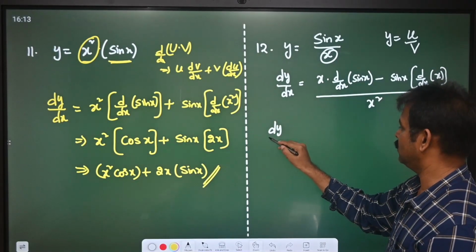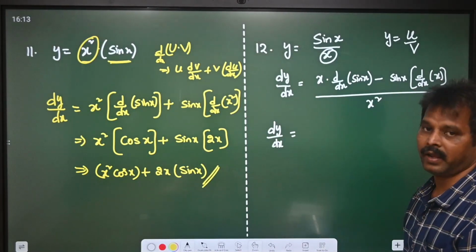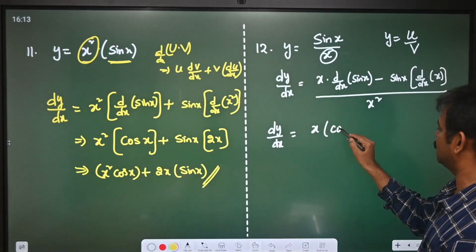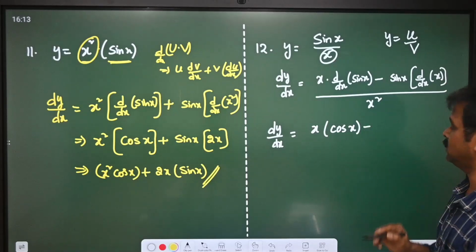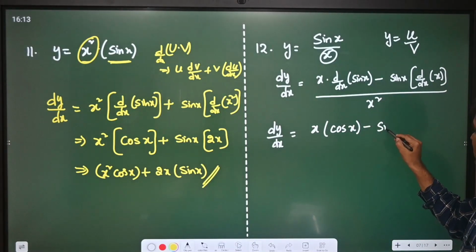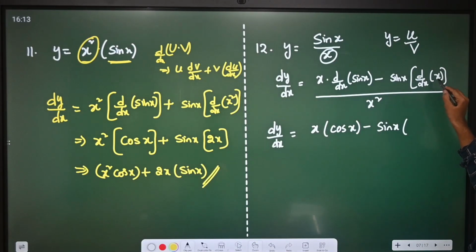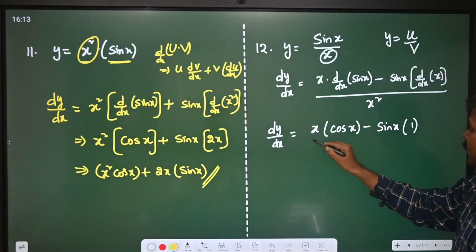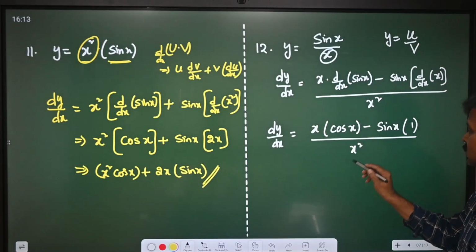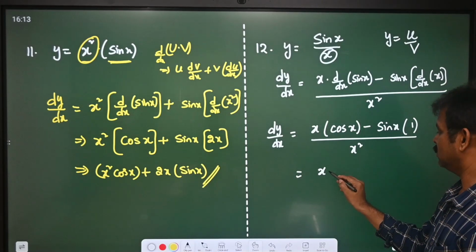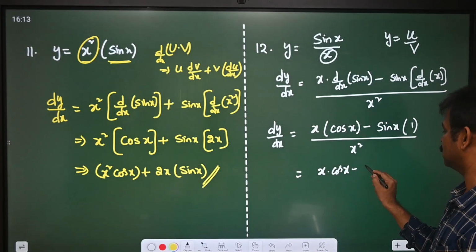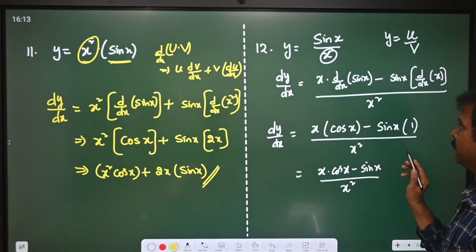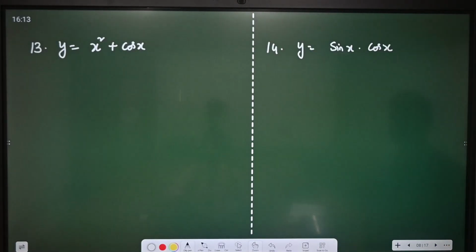So dy by dx can be written as x into the derivative of sin x, which is cos x, minus sin x. The derivative of x with respect to x is always 1, divided by x square. So the answer is x cos x minus sin x divided by x square. So this is the 12th problem.